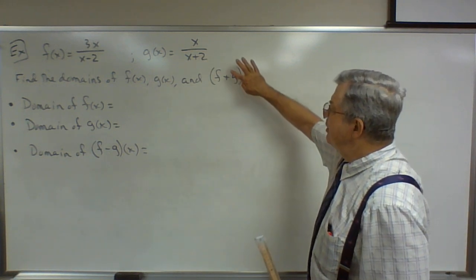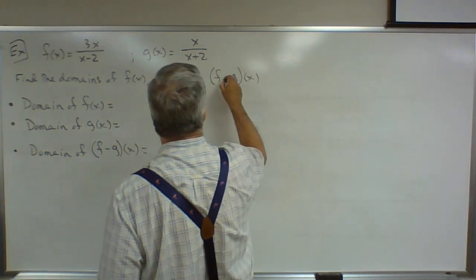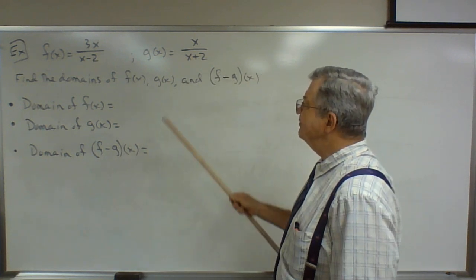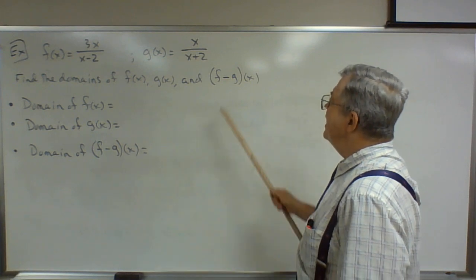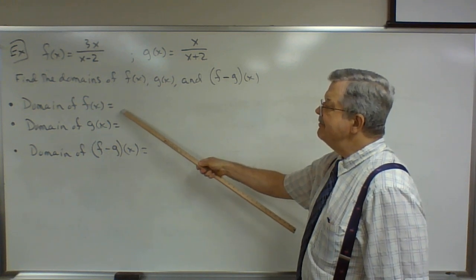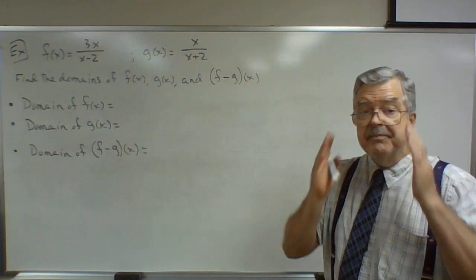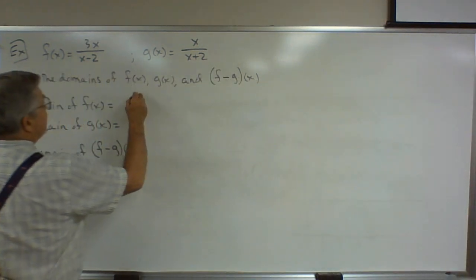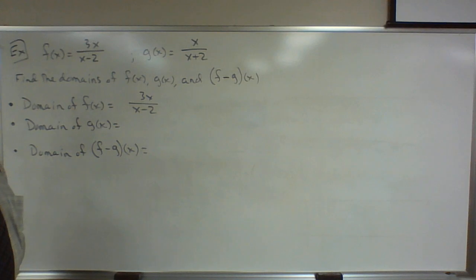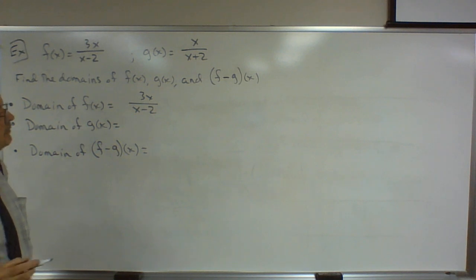And we're going to find the domains of f evaluated at x, g evaluated at x, and f minus g evaluated at x. First, the domain of f evaluated at x. The rule of thumb is to assume, starting off, that the domain is the entire set of real numbers.